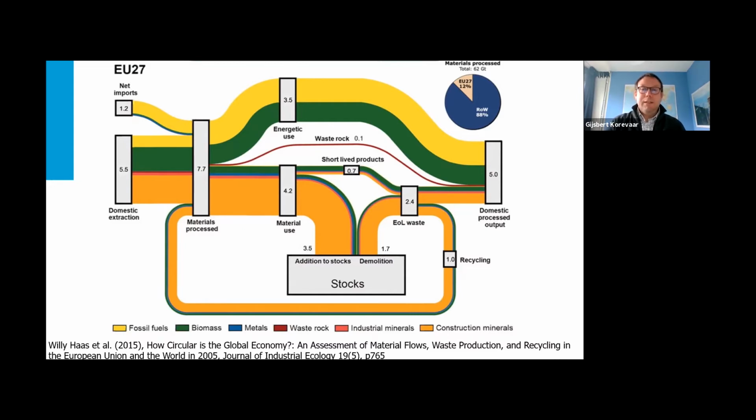So you see that this amount in the stocks is quite dominant, and it's something we have to keep in mind. If we talk about circular economy, we're talking about taking stock from the past, and sometimes we also need to explore how much is in stock and how much is available.